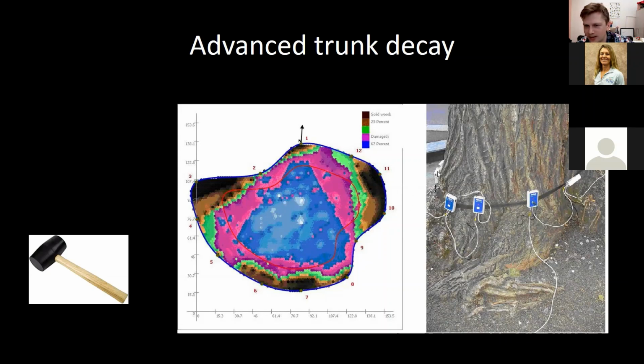Like this thing here, which is called a sonic tomographer. They put them in place and can detect sound throughout the different parts of the tree.